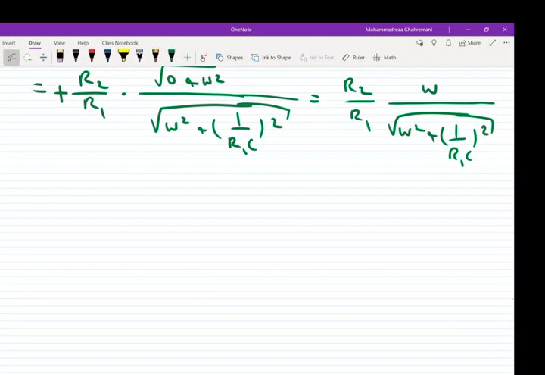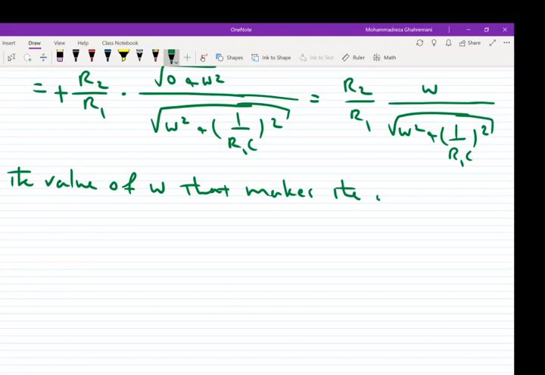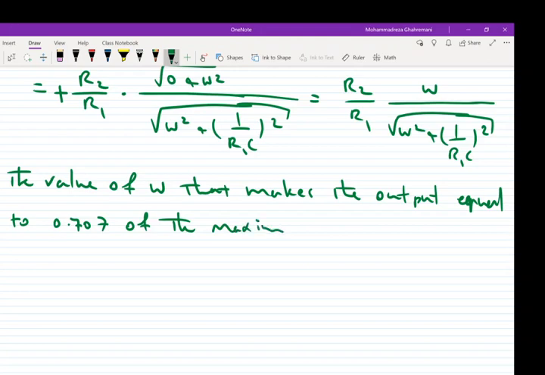Okay, we can say that the value of omega that makes the output equal to 0.707 of the maximum occurs at 1 over R1C.